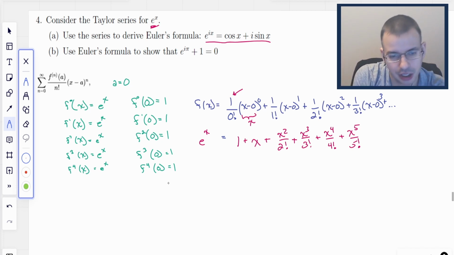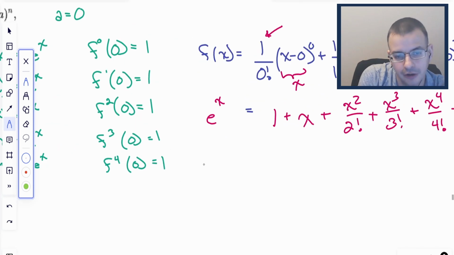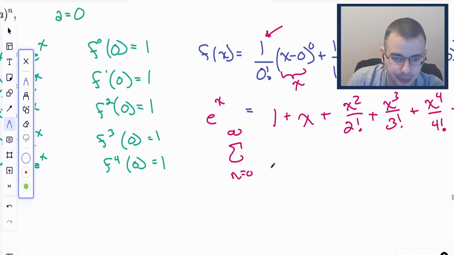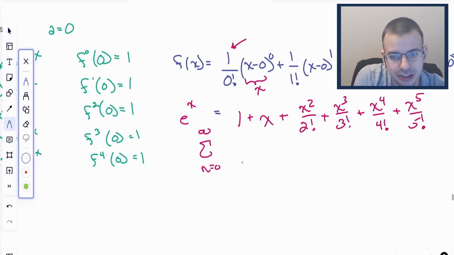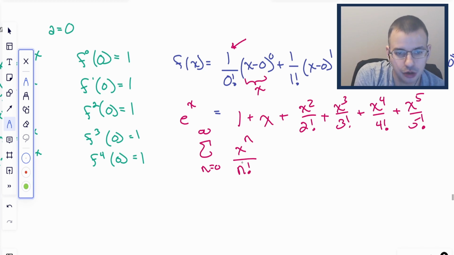I'm going to write that real quick: the summation from n equals 0 to infinity of x to the n over n factorial. So basically this is saying that this is equal to e to the x.